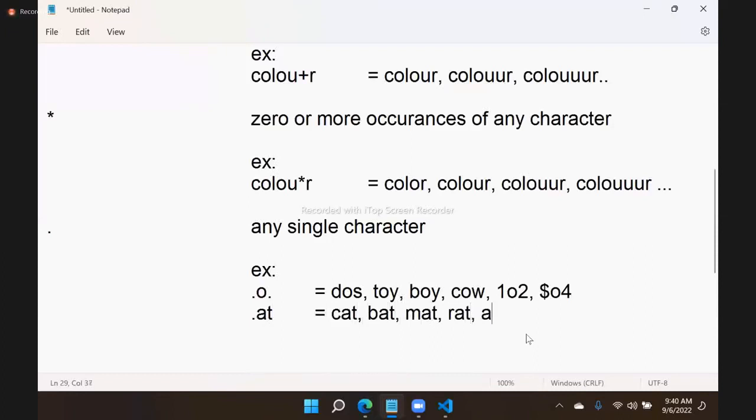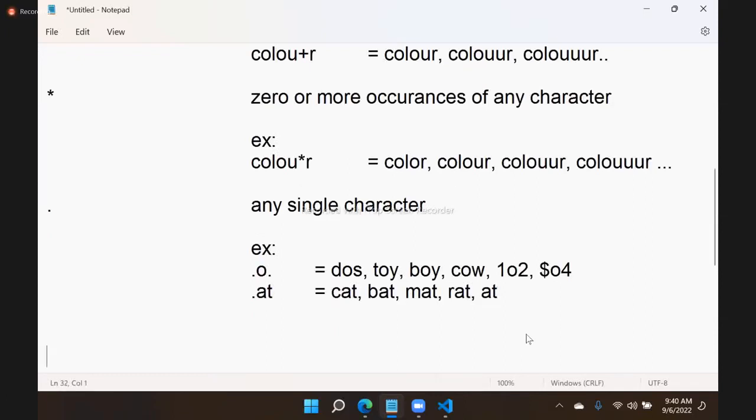Suppose I type 80, is it allowed? It is not allowed. I should allow 80 also. Then how? Here I can give dot, question mark, then 80. Understood? What does this mean?